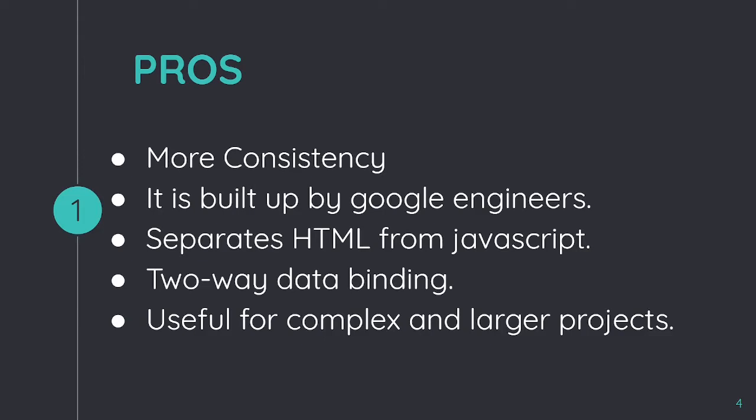Angular ensures that data is always synced at all levels with two-way data binding, and in React there is only one way data binding, so that's why Angular is chosen over React in some of the companies. Then the last one is that it is useful for complex and larger projects. Angular will fit better as it lets you have explicit types and detects errors at compile time. So that's why Angular is better for complex and larger projects.